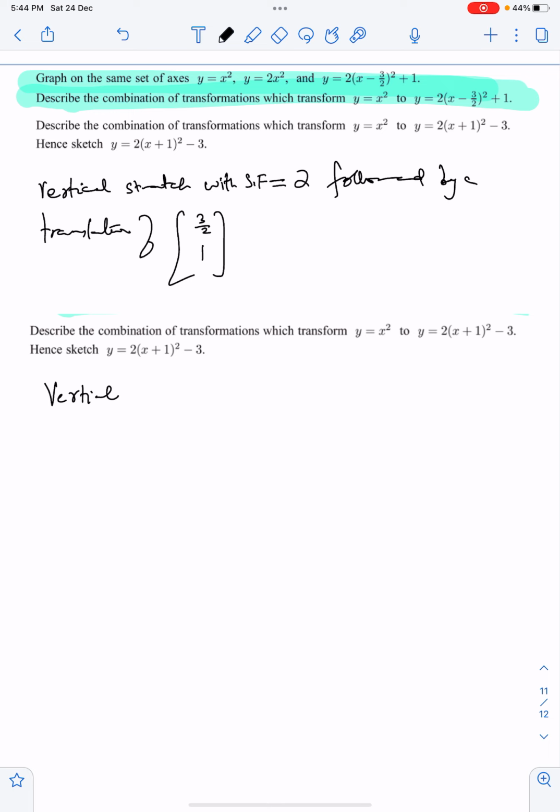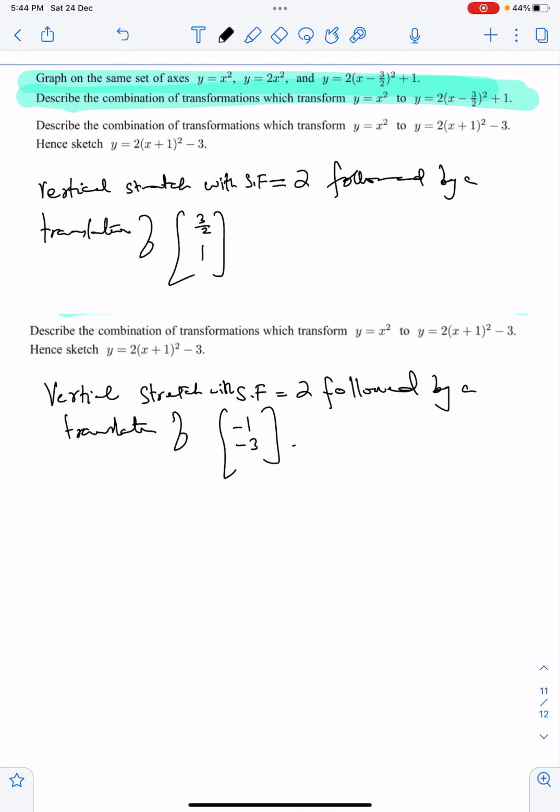Vertical stretch with stretch factor 2, followed by a translation of -1, -3. Okay, this brings us to the end of this.